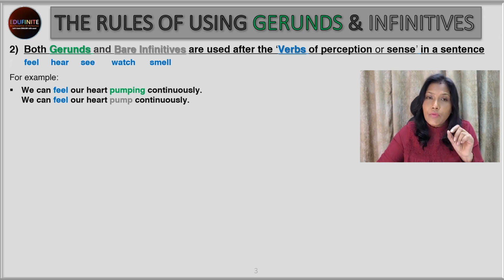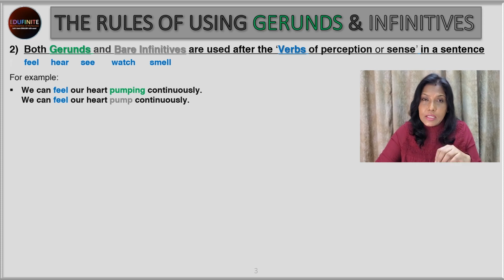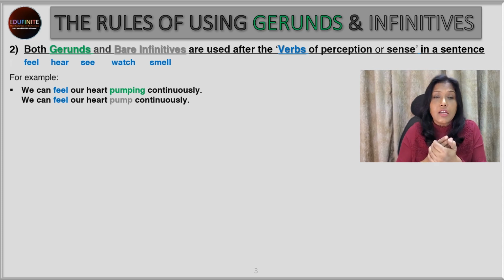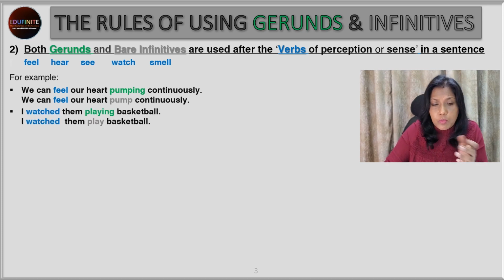So when we are dropping to and using the base verb only, that is pump over here, both are correct forms of usage. When we say my heart is pumping continuously, that's a continuous action. Even when we say we can feel our heart pump continuously, that is also a continuous action. That means they both mean the same.